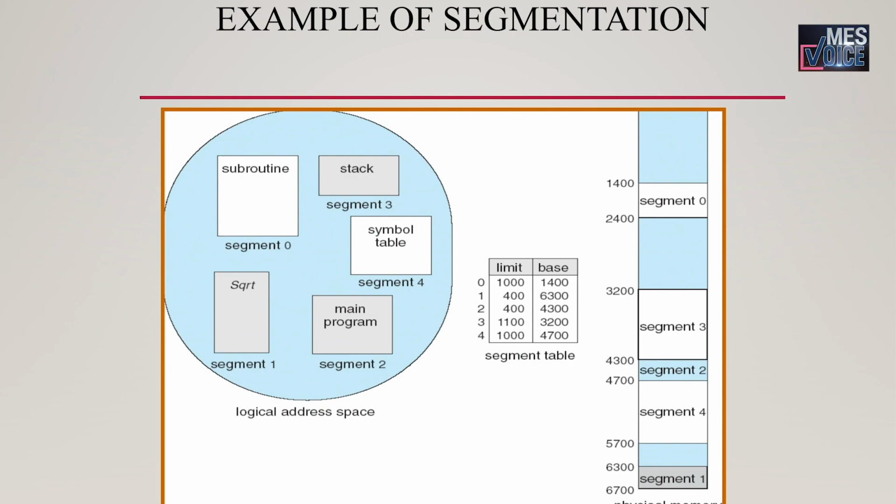Similarly, a reference to segment 3 with byte 852 is mapped to 3200, which is the base of the segment, plus 852, so totally 4052. So, in this way we can map the segments to the physical memory.